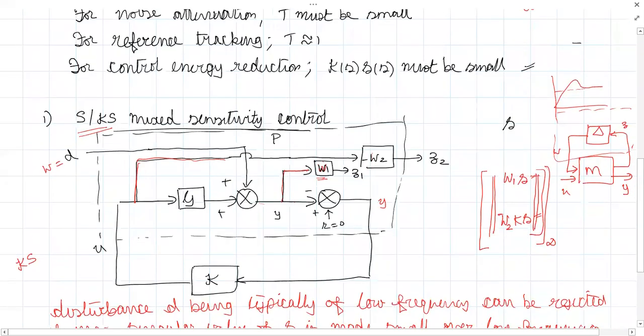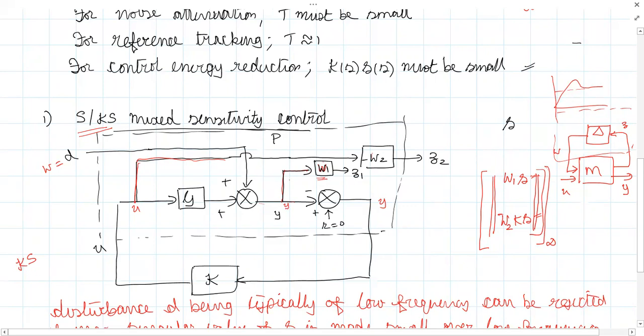So we have to take these two as the regulated outputs, one coming from U, and one coming from the output Y. Am I clear or not? Are you following what I'm saying? Yes, sir.